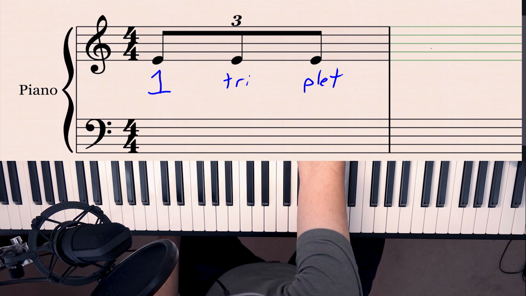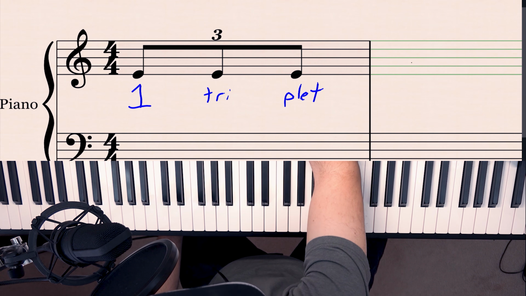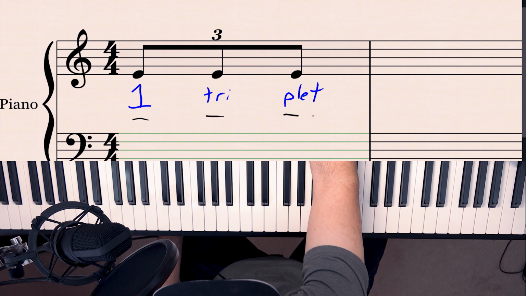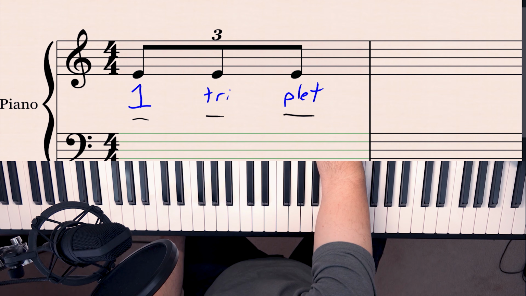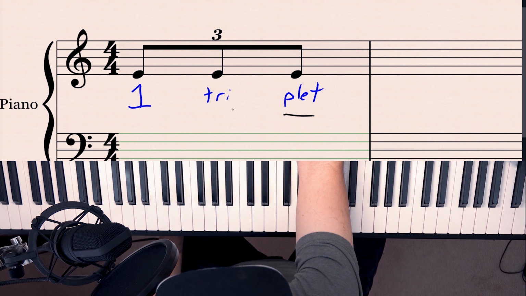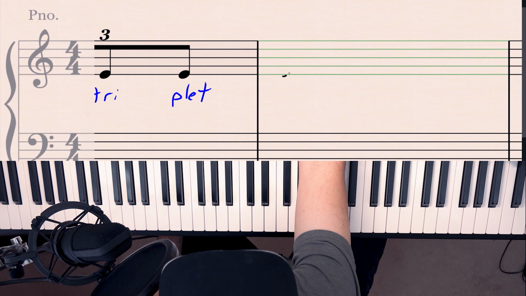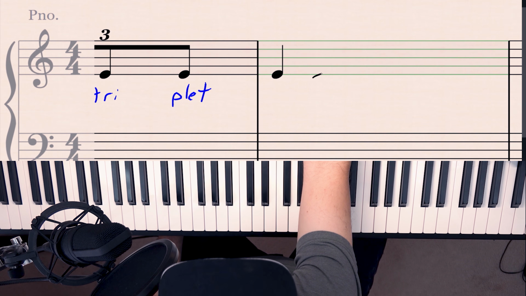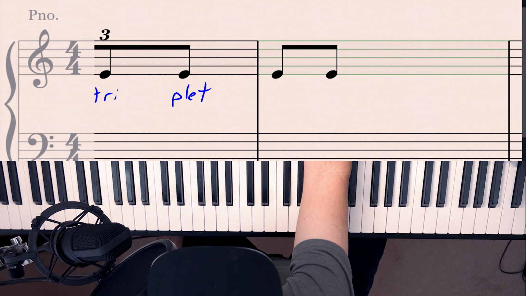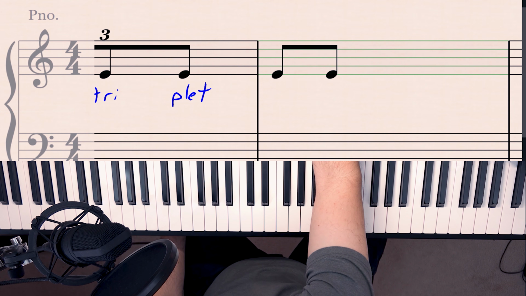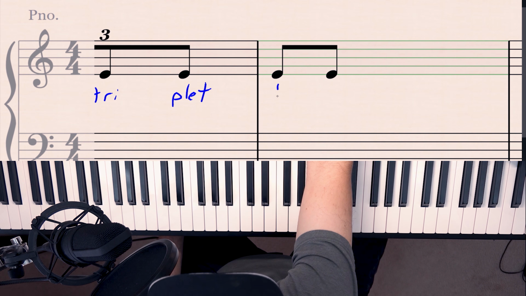So just practice that. Now I want to explain what's going on here. The idea is that we are splitting up each note into three even, very important here, three even parts. When you had quarter notes, you would just count that as one, and when you have eighth notes, you are counting it as the number plus and.